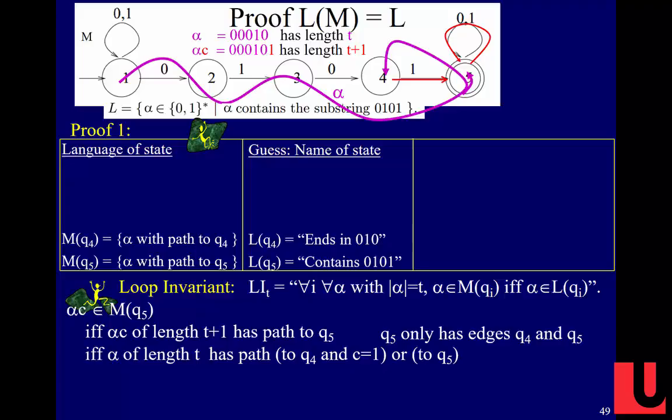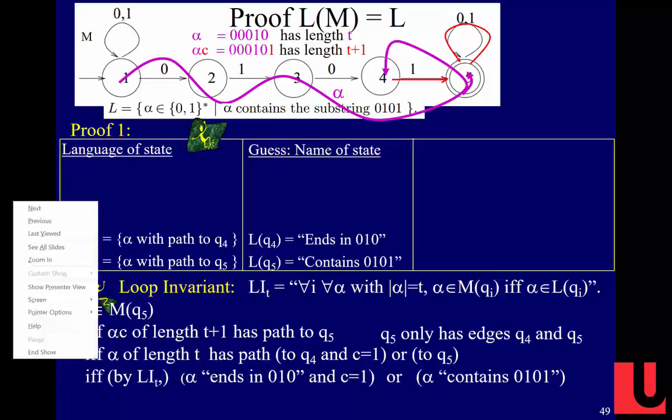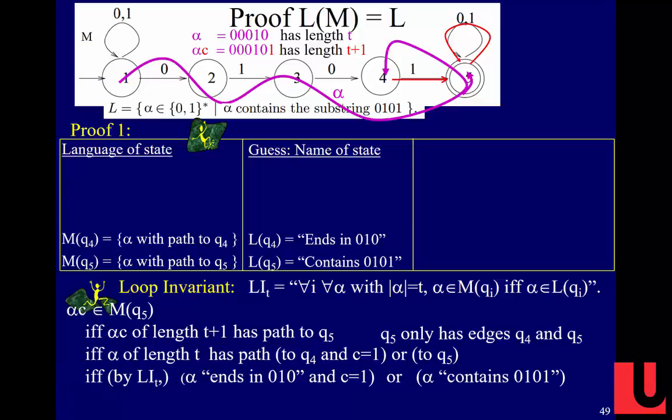So anyway, by the loop invariant, I think I will change the slides to have more steps in here. The more steps would be, hence, alpha is in MQ4. And if alpha is in MQ4, then by the loop invariant, alpha is in LQ4. And if alpha is in LQ4, then alpha ends with a 0, 1, 0. Does that make sense?